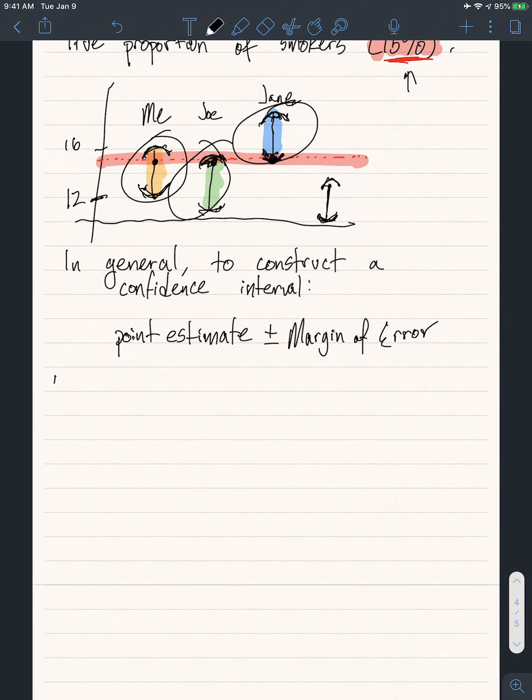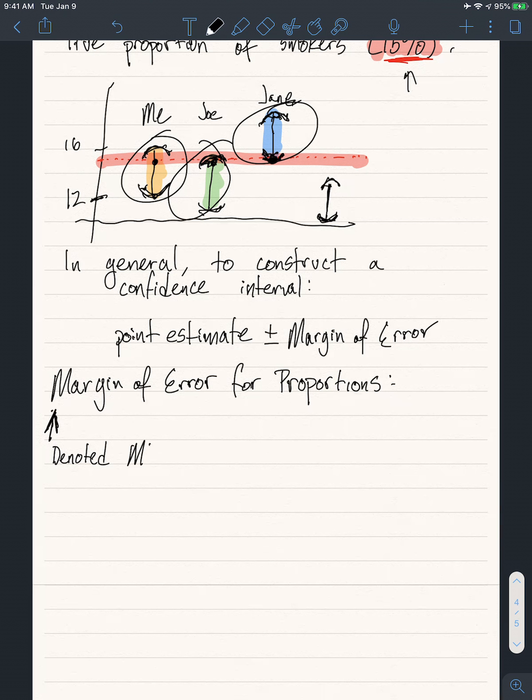Okay, so what is a margin of error? The margin of error for proportions. A lot of times you'll see me denote margin of error as ME, because I don't feel like writing margin of error a bunch.